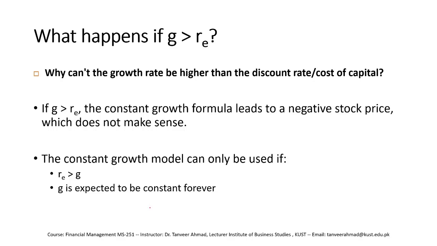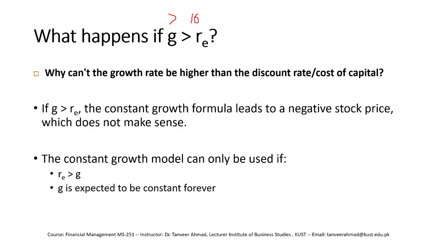The issue with the constant growth model is that we cannot use it when g is greater than the cost of capital. For example, in the previous example, g was 7% and the cost of capital was 16%.